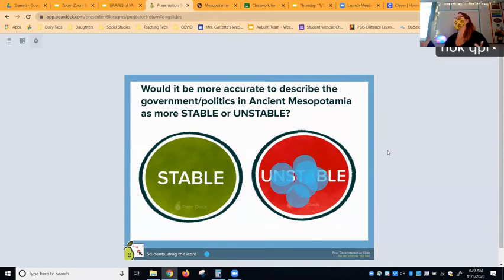So if you're about to climb a ladder and somebody said, climb that, that's a very stable ladder, or climb that one, that's a very unstable ladder, which one do you want to go up? The stable one, because that means it's stronger, it's in place, it's safer, it's more consistent. Unstable might mean a ladder that's going to fall apart when you climb on it, or it might fall over and break.